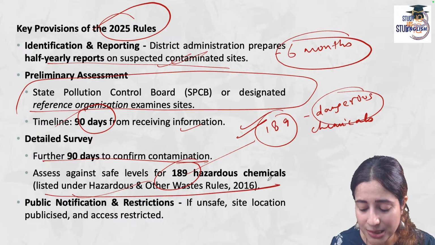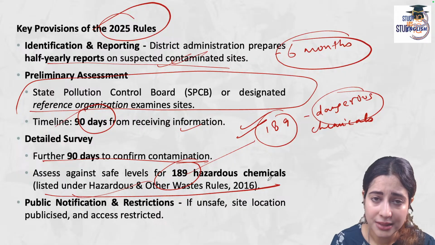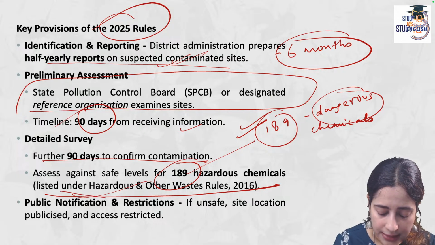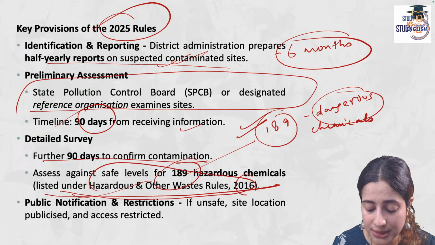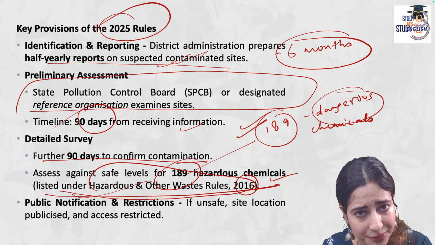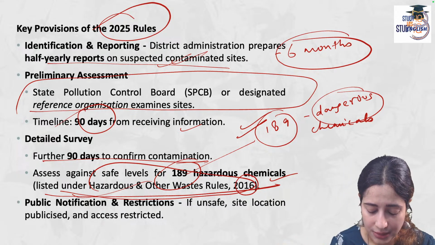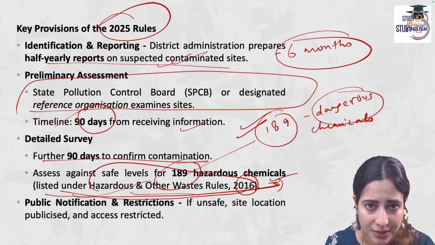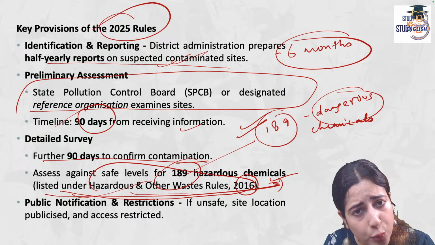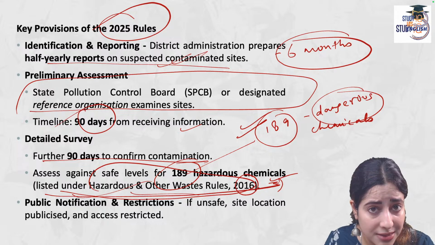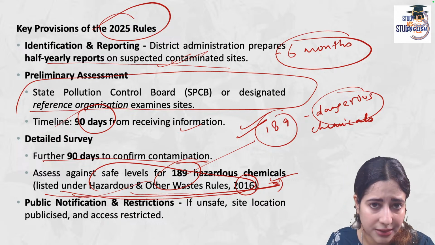And all these 189 dangerous chemicals are identified under the Hazardous and Other Waste Rules in India 2016. Very important to remember. This one policy contains the list of various chemical components that are considered dangerous in India by the government.